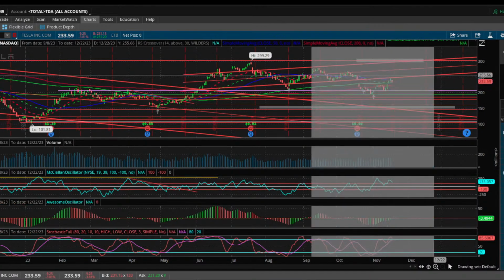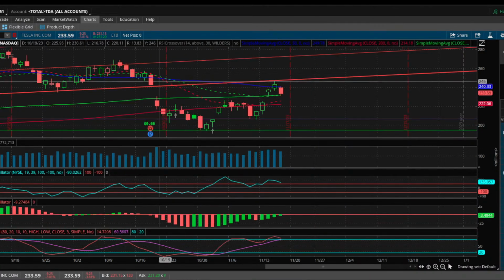On the daily candles, in fact, we've crossed. This is how the 2040 works, and I like it a lot. The 2040 cross right here on October 19, and since then we pushed back down.